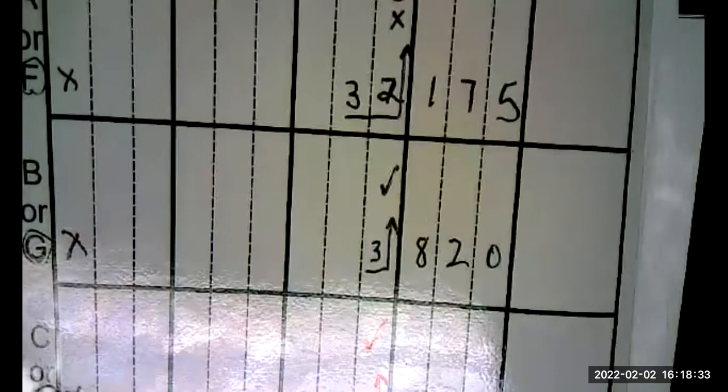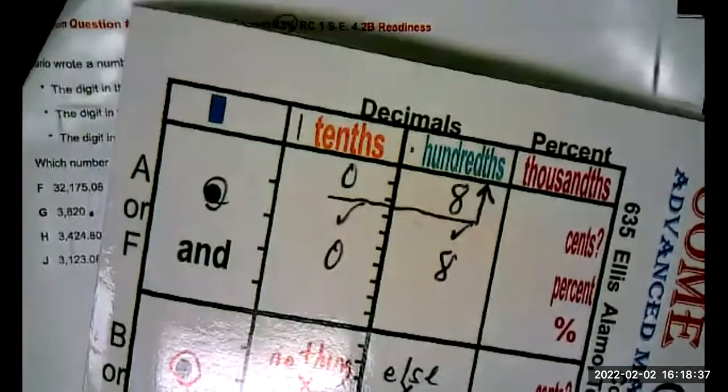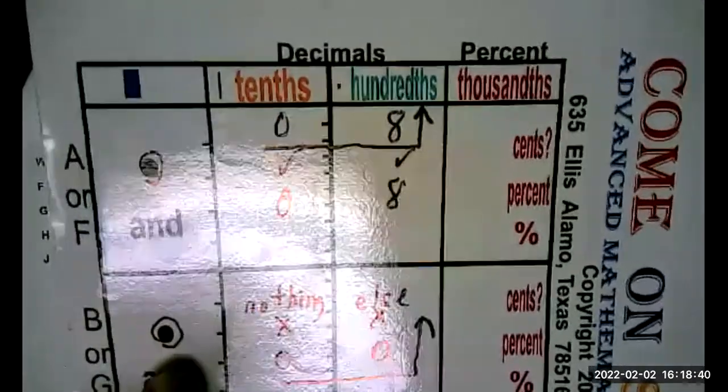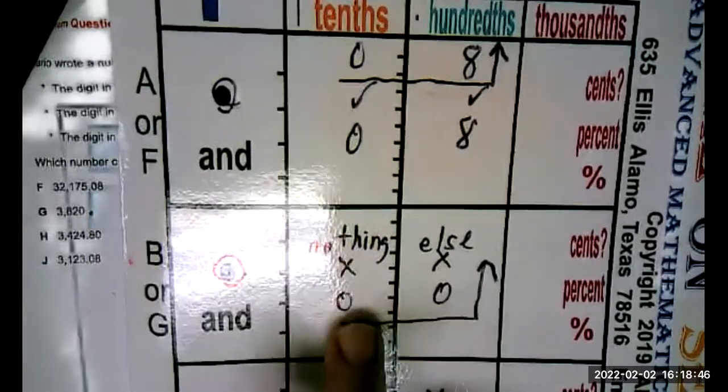3,820, the 3 is correct. It matches up top. And nothing else, which means 0 tenths, 0 hundredths.